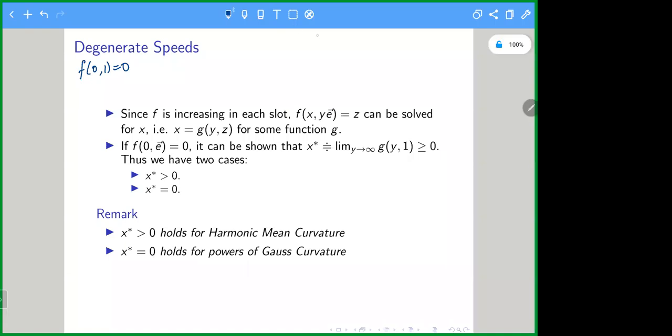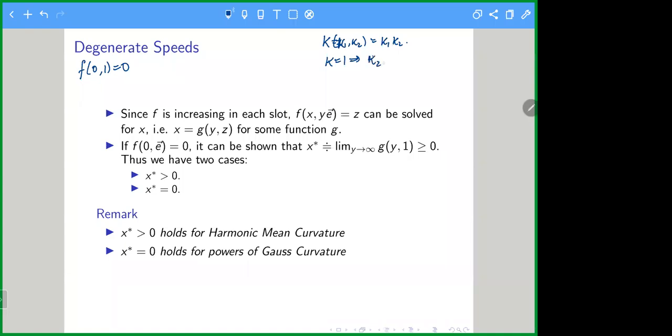So maybe I'll take the Gauss curvature example. K equals just, let's say the principal curvatures are kappa 1, kappa 2. This is just the product. And so if I have the constraint equation that K equals 1, then I am actually able to solve for one of the principal curvatures in terms of the other.